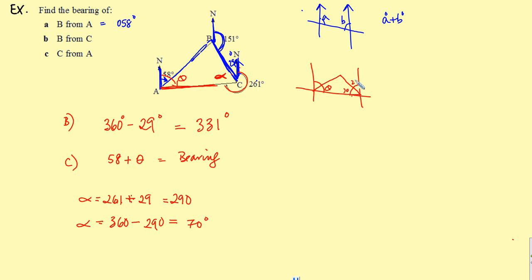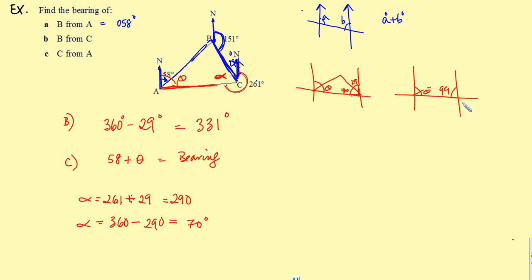So this is 70, that's 29, and therefore I know that the entire angle is 99. All right, since it's 99 degrees, then when I add that to 58 and subtract it from 180, that should tell me what theta is.